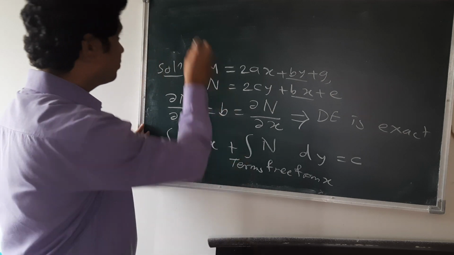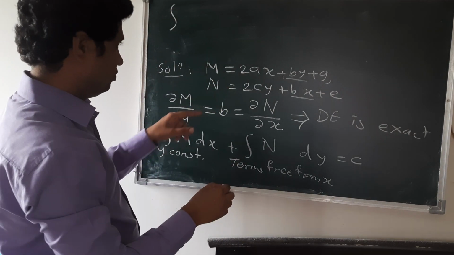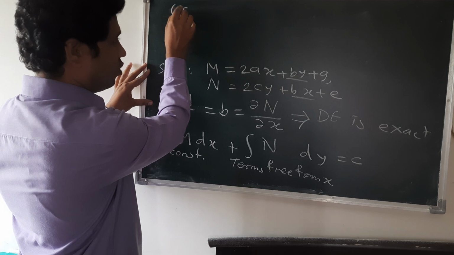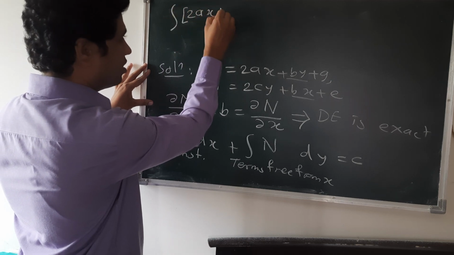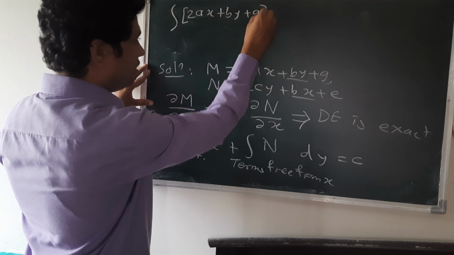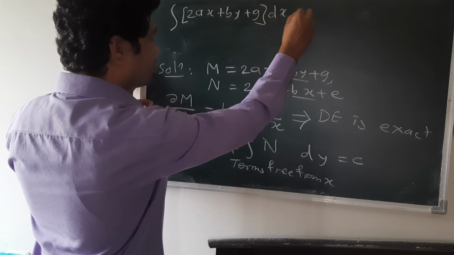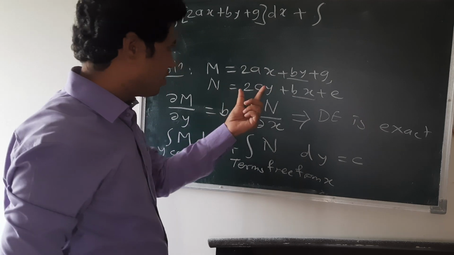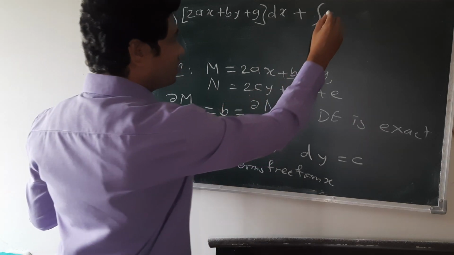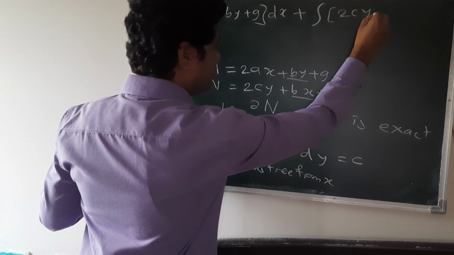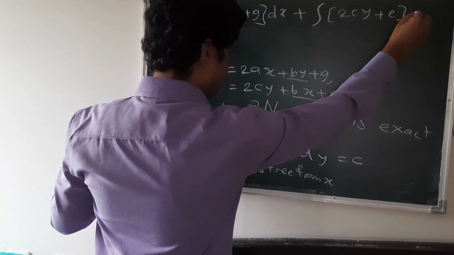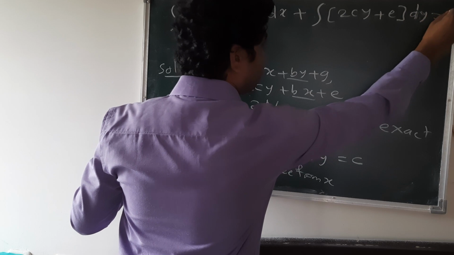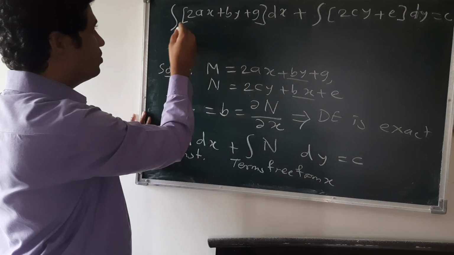This becomes integration of (2ax + by + z) dx plus integration of terms in N which are free from x. So there are two terms, (2cy + e) dy equal to c.